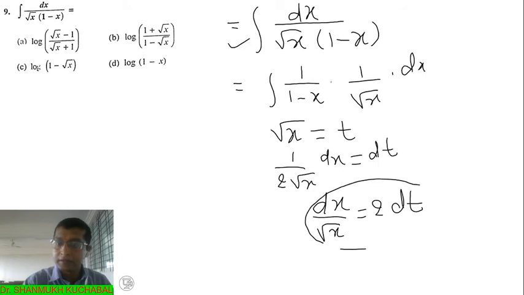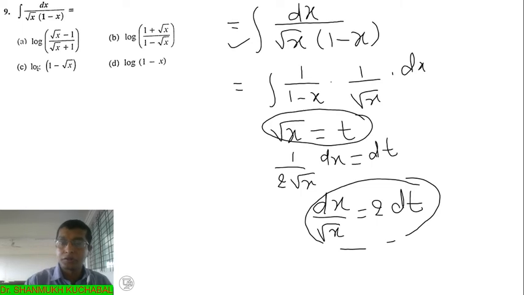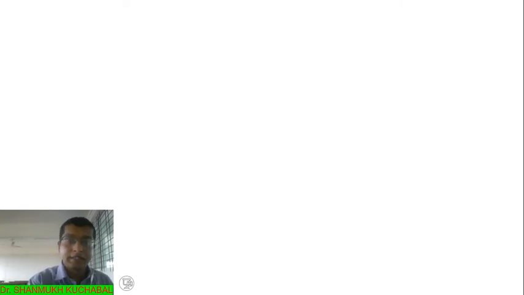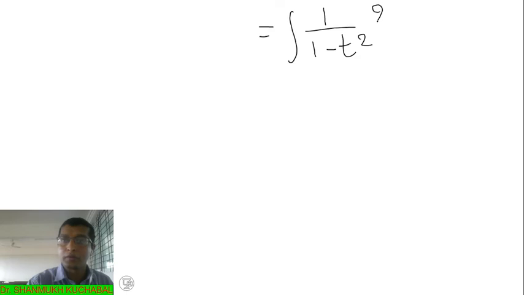This value and this value we substitute in the integral, so we get 1 divided by 1 minus t square into 2 times dt here, very simple, right.